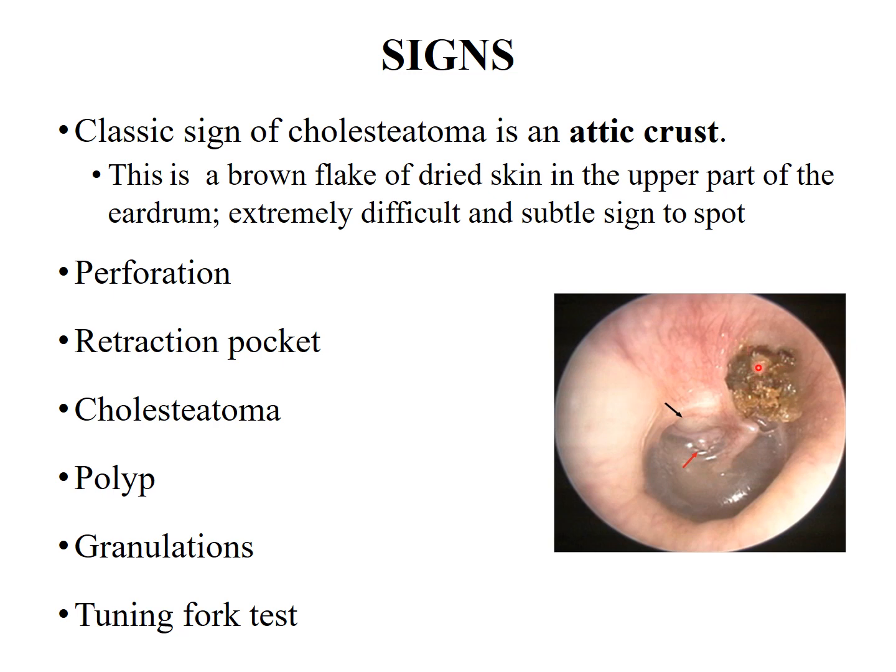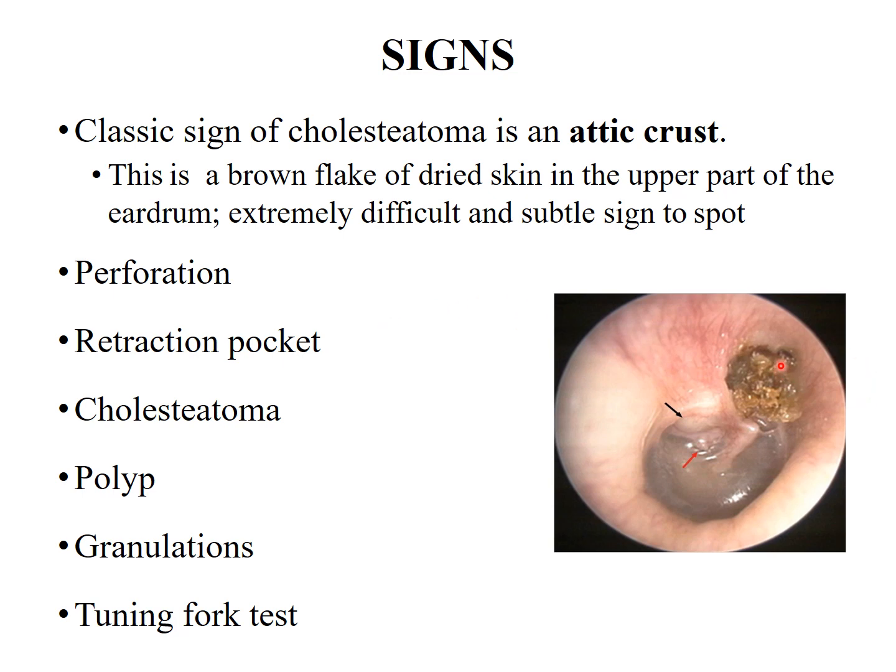If you remove this crust, you will be able to see a big room behind it. So this is a brown flake of attic crust. It is a brown flake of dried skin in the upper part of the eardrum. This is not the place for any crust or wax. So whenever you find any crust or wax in this region, it needs to be cleaned and evaluated.